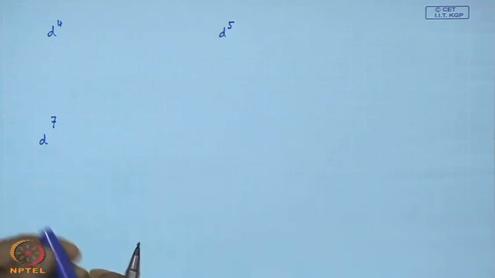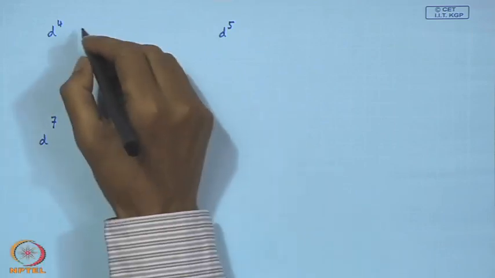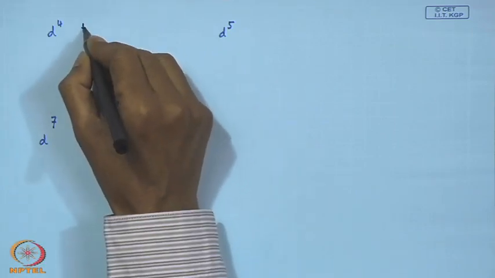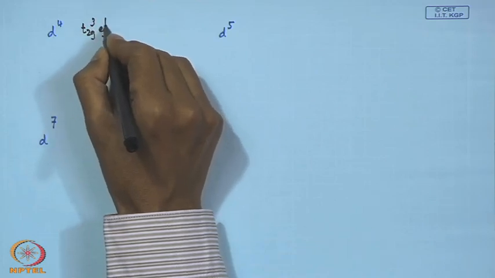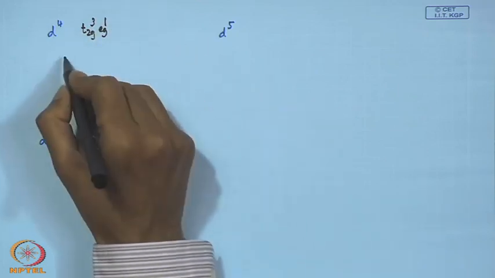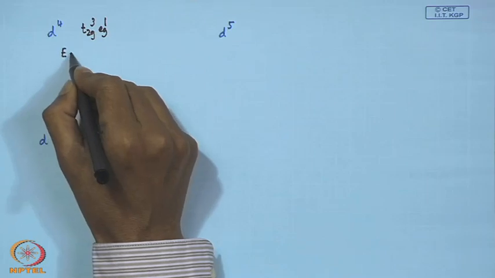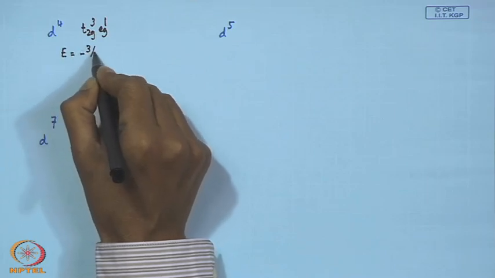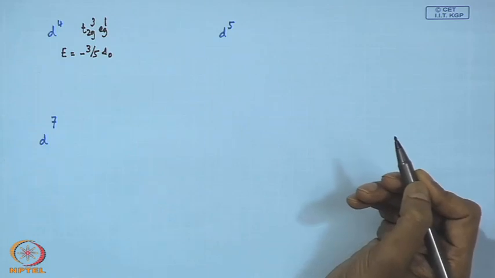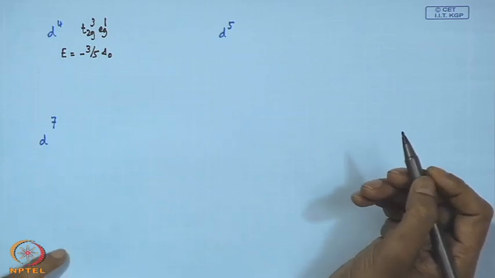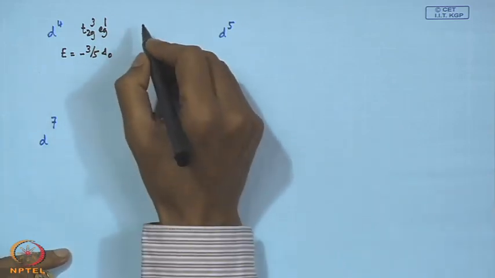So, for d4 we have the configuration t2g3 eg1, for which E is equal to minus 3/5 delta O, and we do not have any pairing, so the P term is not there.